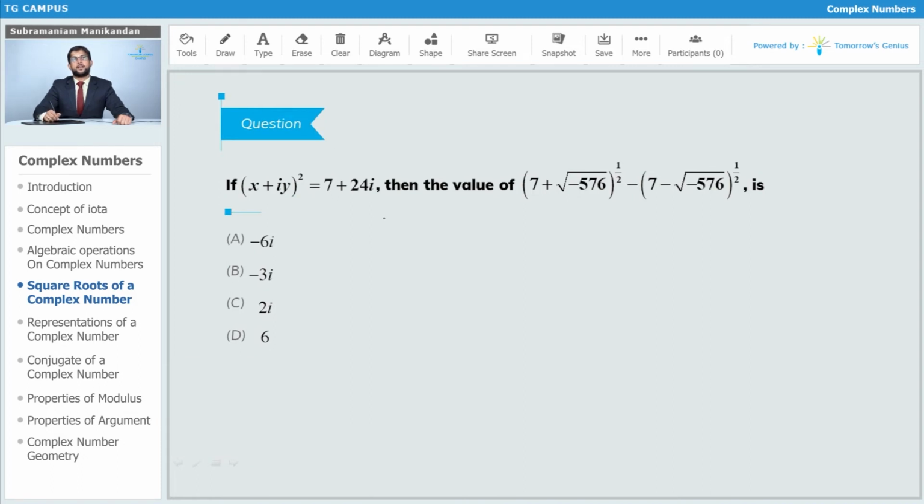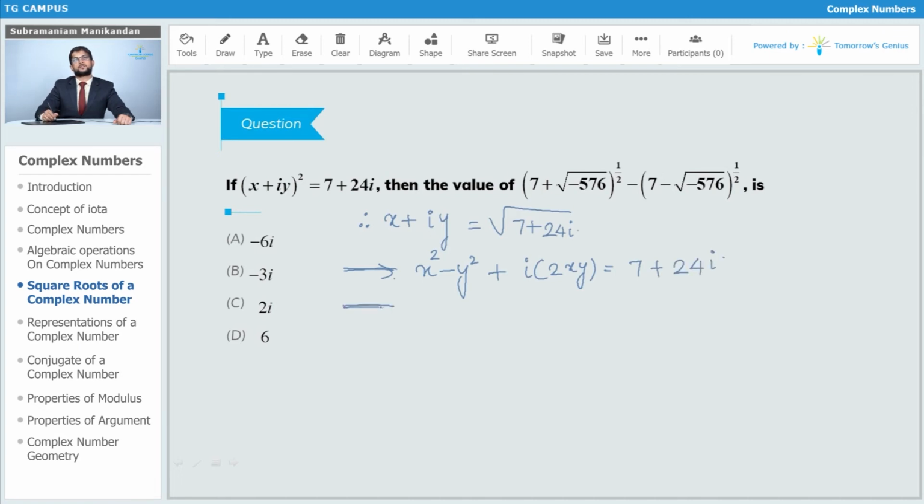x plus iy therefore is equal to the square root of 7 plus 24i, which means x square minus y square plus i into 2xy is equal to 7 plus 24i.